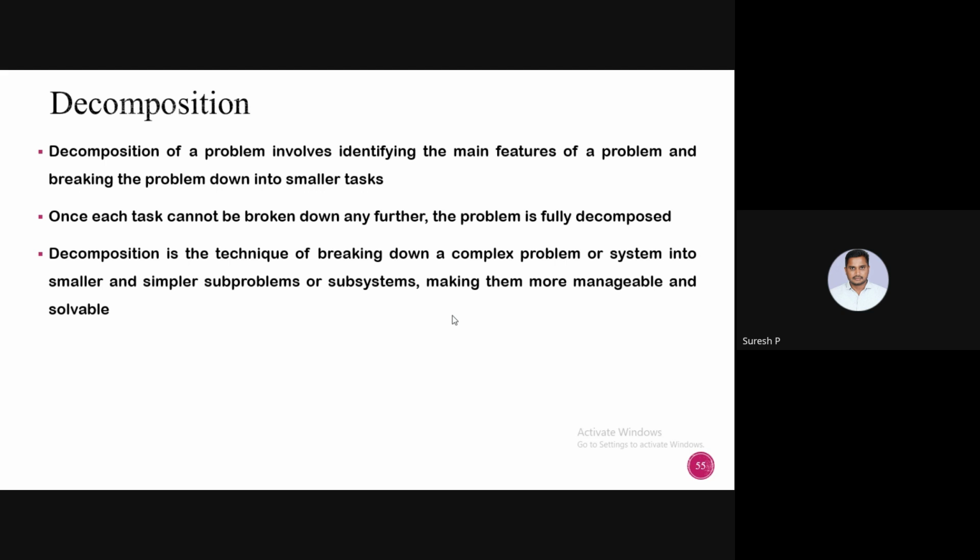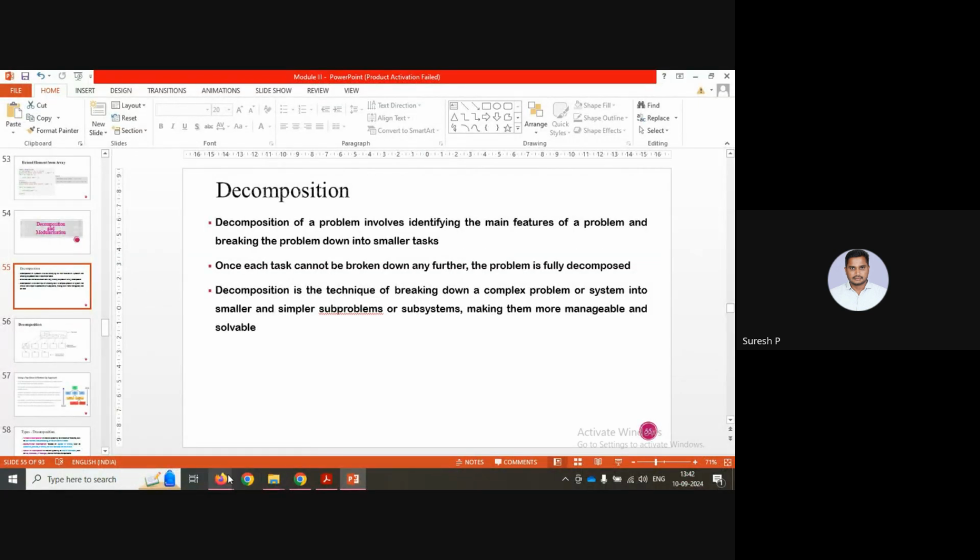Another module should take care of maintaining your personal information. Like that, the main features of the particular application or problem should be identified, and everything should be divided into smaller problems, which will be treated as smaller tasks.